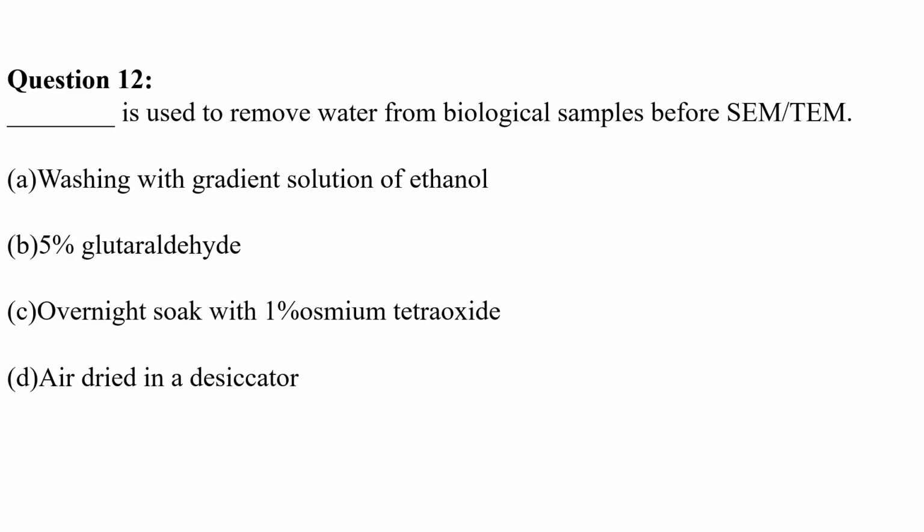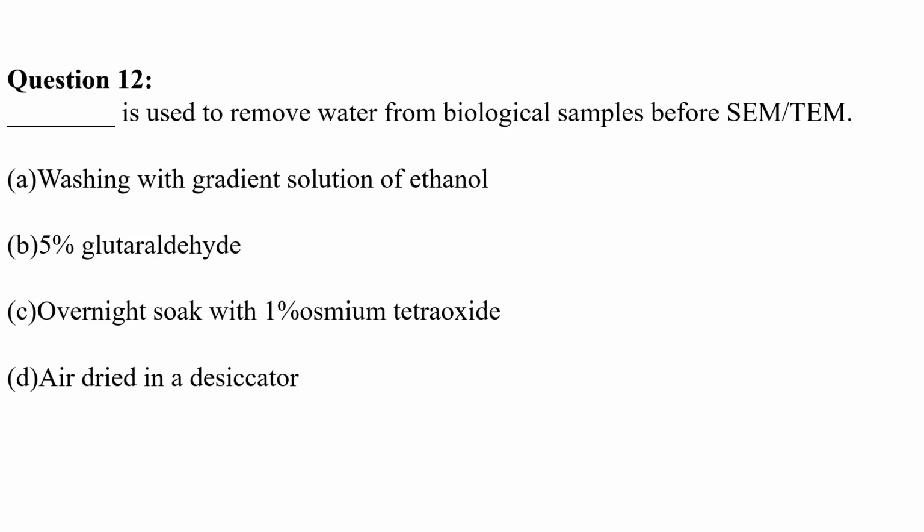Moving on to the next question now. Question number 12. Dash is used to remove water from biological samples before SEM or TEM. SEM is scanning electron microscopy and TEM is transmission electron microscopy. Dash is used to remove water from the biological samples before doing SEM or TEM analysis. Option A, washing with gradient solution of ethanol.